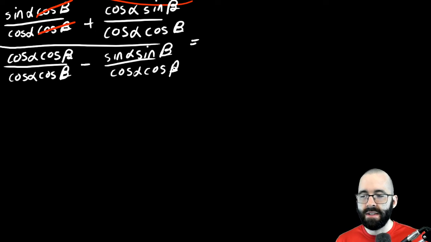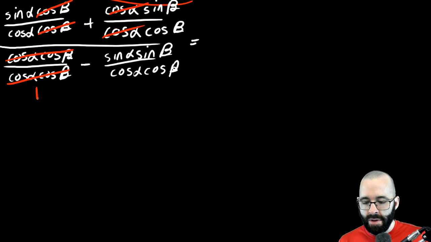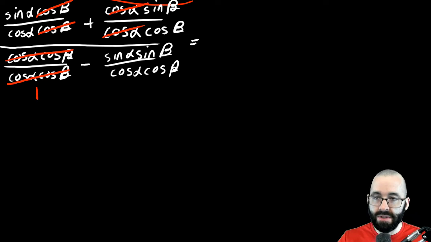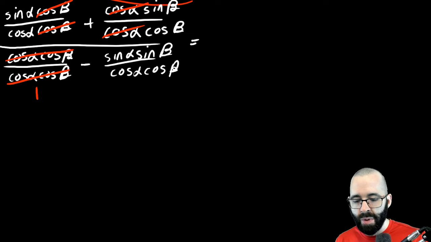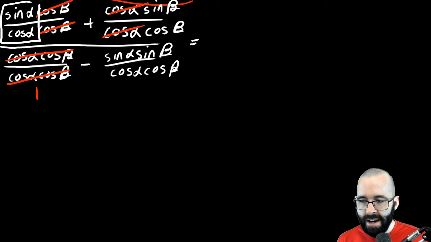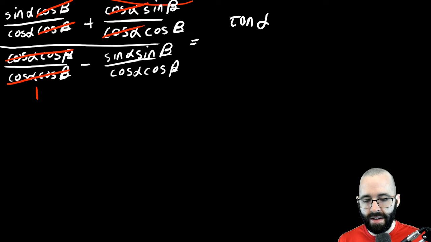Cosine over cosine. Specifically cosine of beta over cosine of beta. It has to be the same angle. Cosine alpha over cosine alpha. This whole thing, remember that it doesn't cancel completely. It cancels to 1. And this last thing, nothing cancels. So what are we left with? Sine alpha over cosine alpha. That's just the tangent of alpha.